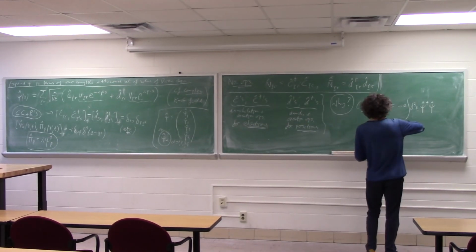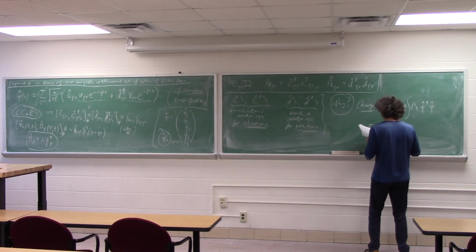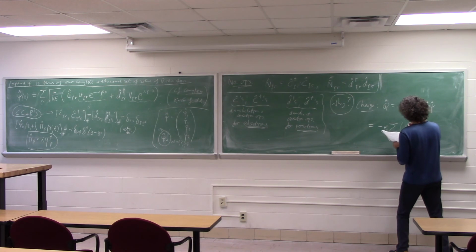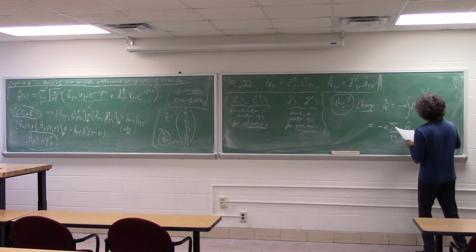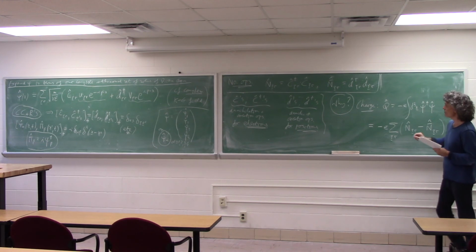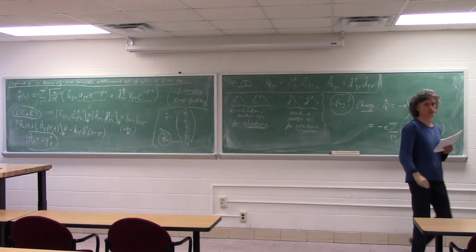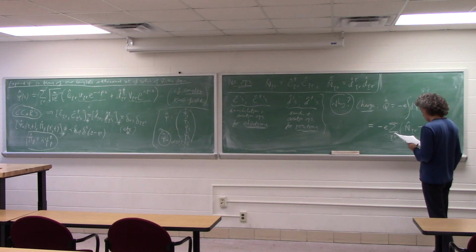You should be able to show that this comes out to be equal to minus e times the sum over all the modes, p and r, of the number operator n minus the number operator n bar. Remember, I've defined two kinds of number operators for the two types of particles. The total charge operator comes out to be a sum of one kind of number operator minus the other kind.